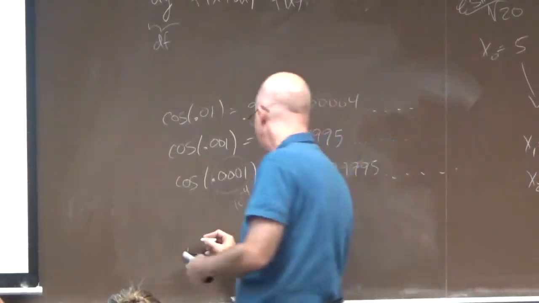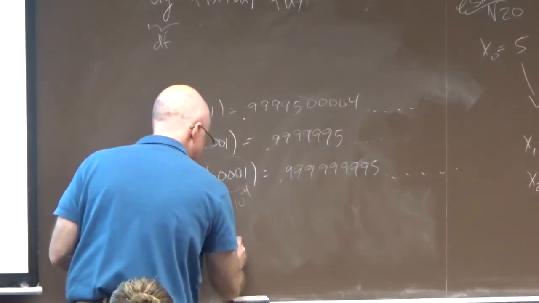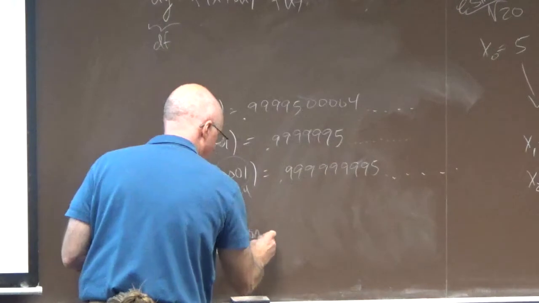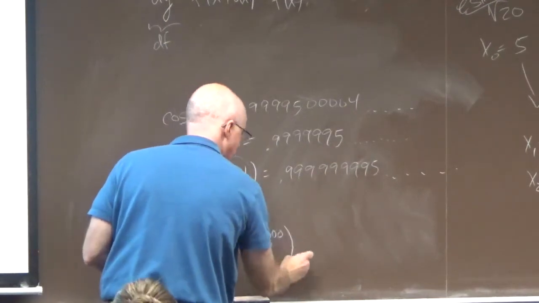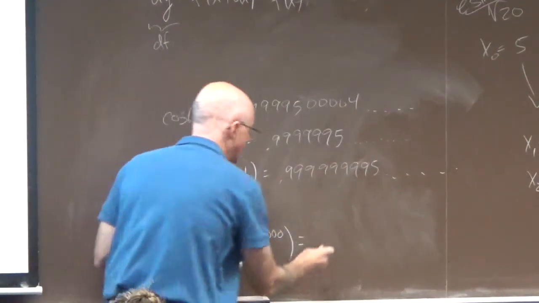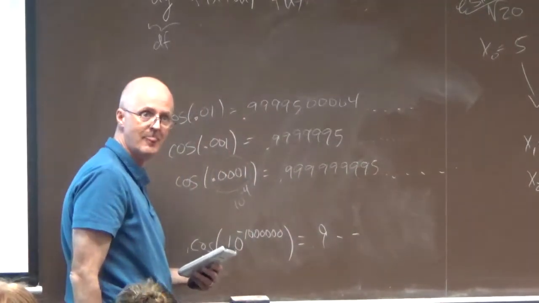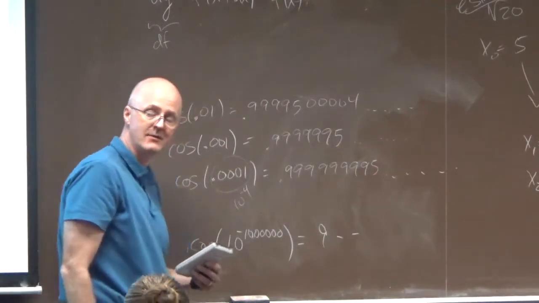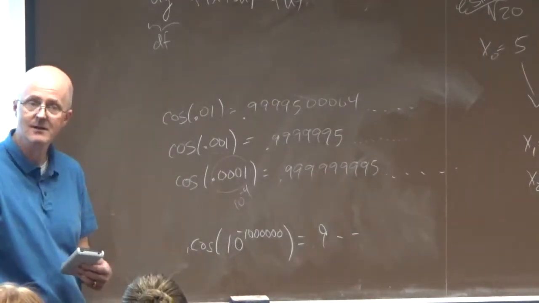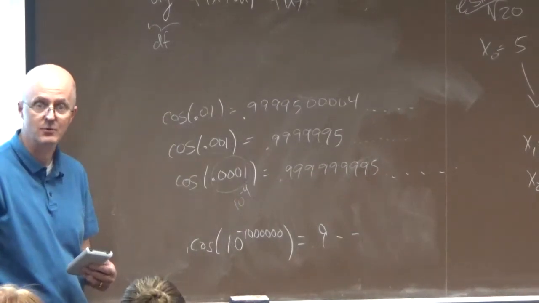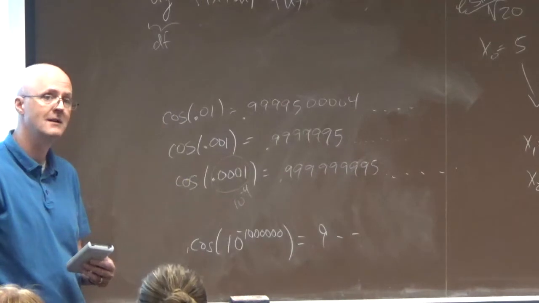Imagine finding cosine of 10 to the negative million power. There'd be a lot of 9s in there. It would not be 0.9 repeating because that actually equals 1. You may have heard, and it's true, 0.9 repeating does equal 1.